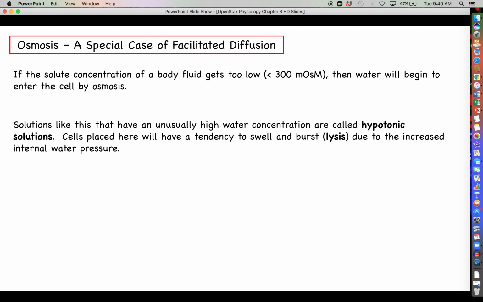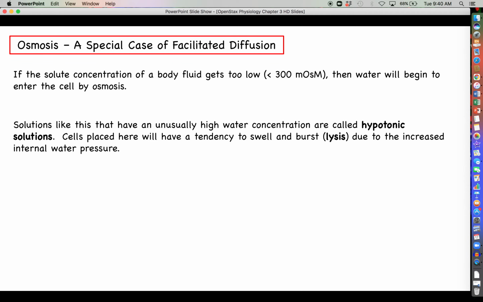So what you can imagine is as a cell takes on water, the cell is going to start swelling up because the volume of the intracellular compartment is getting greater and greater. And this can potentially cause the cell to burst, if the osmotic pressure builds up enough, which is called lysis, and that will kill the cell and cause all of the contents of the cell to leak out.